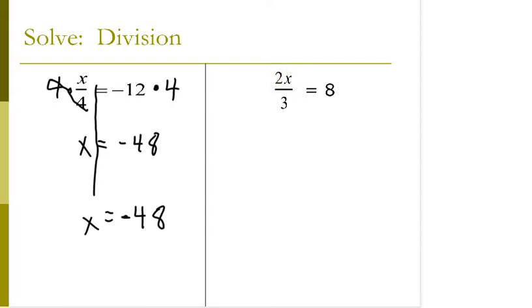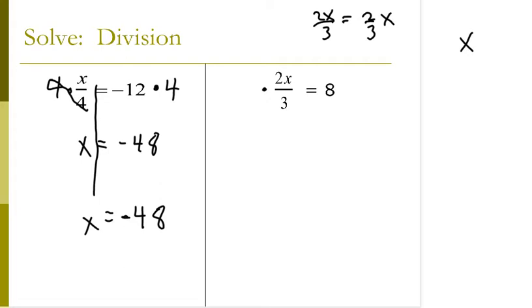So the way that we would work that out is we'll think about this really as 2x over 3. We might think about it as really 2/3 times x. We want to get just x by itself. So what we're going to do is use the reciprocal or the multiplicative inverse to do that.